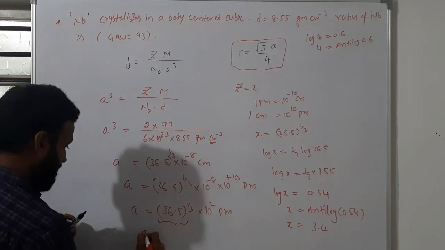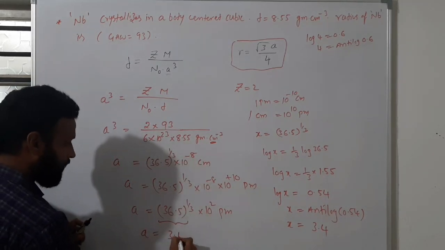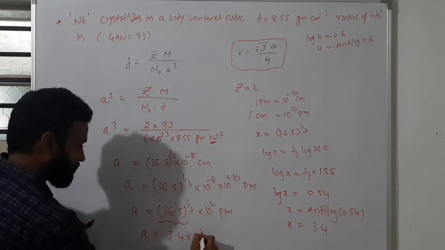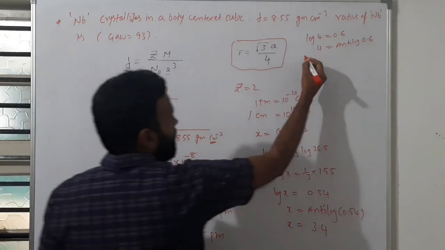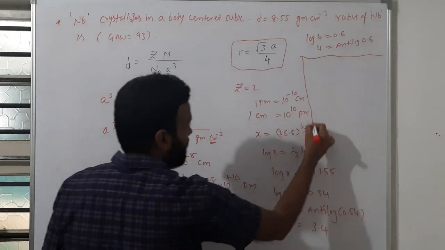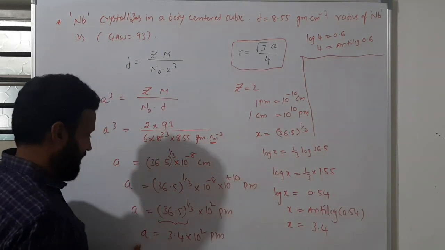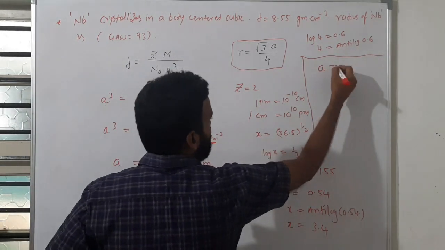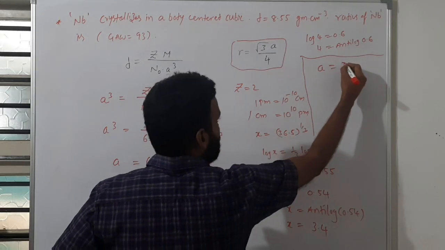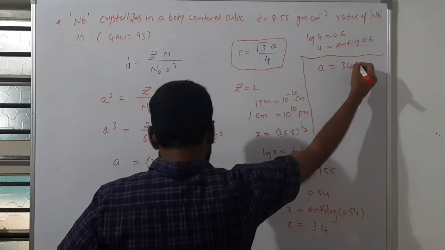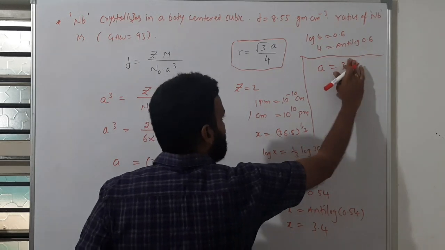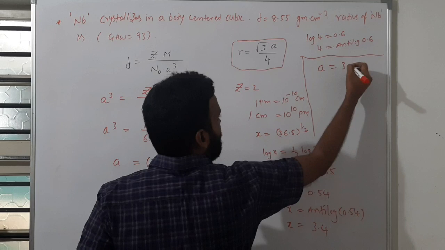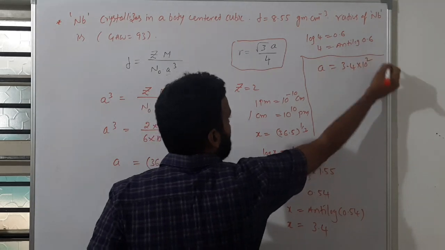So what I will get for A is 3.4 into 10 square picometers. So finally I am writing here, A is equal to 3.4 into 10 square. Simply you write down 3.4 into 10 square.